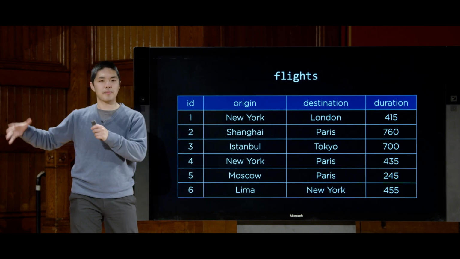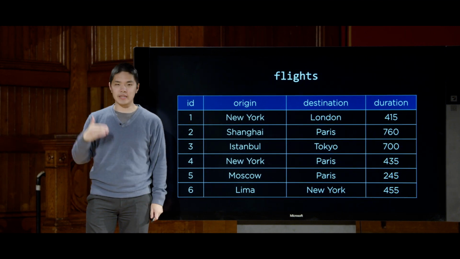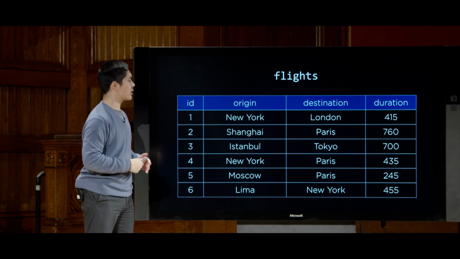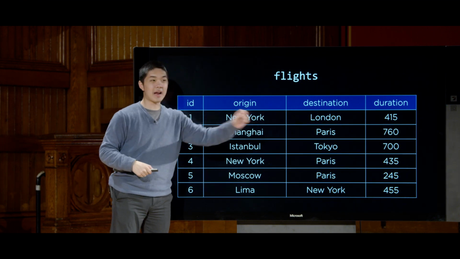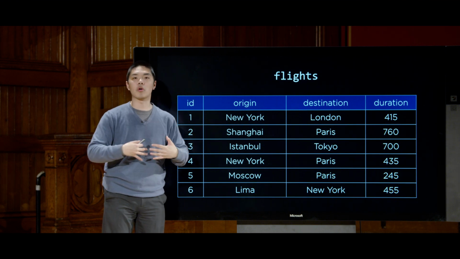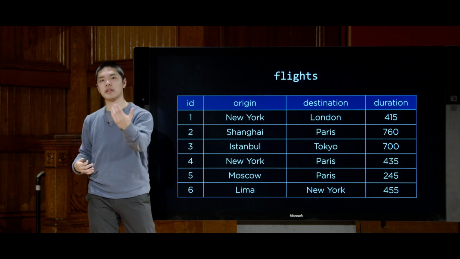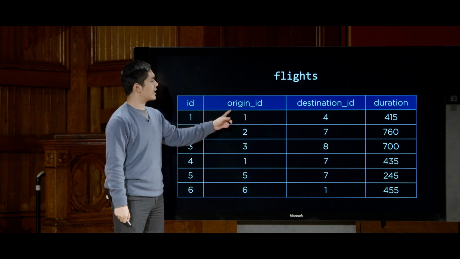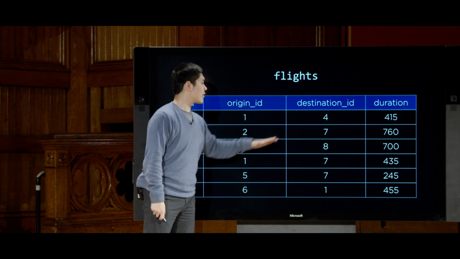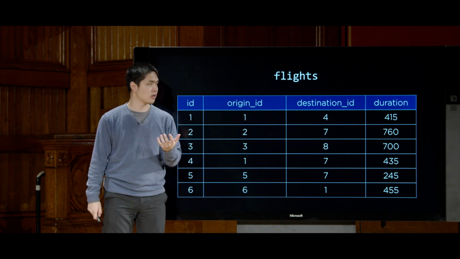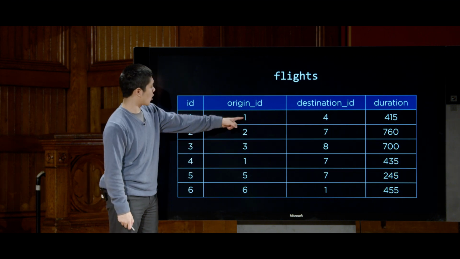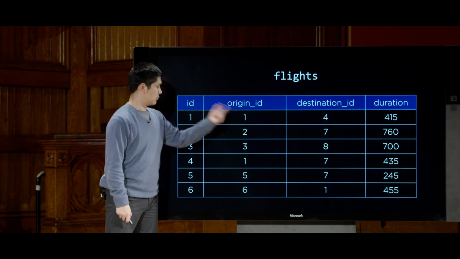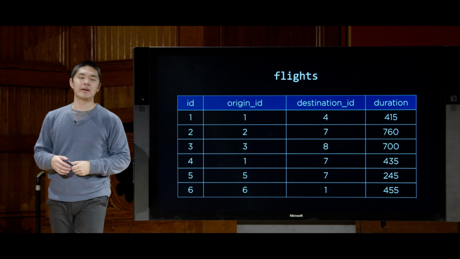Well, now that I have this separate airports table, where every row has its own unique ID, instead of storing an origin and a destination as text, I can store what we'll call a foreign key, a reference to a key in another table, and rename these columns to origin ID and destination ID, which instead of storing text are going to store a number, where origin ID 1 means the origin of flight 1 is whatever airport number 1 happens to be.